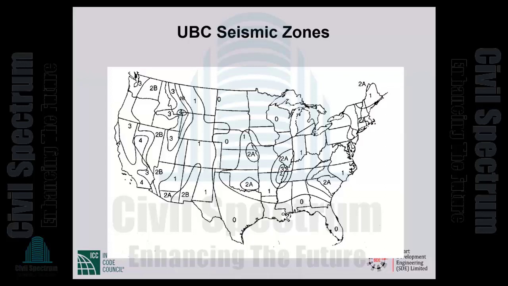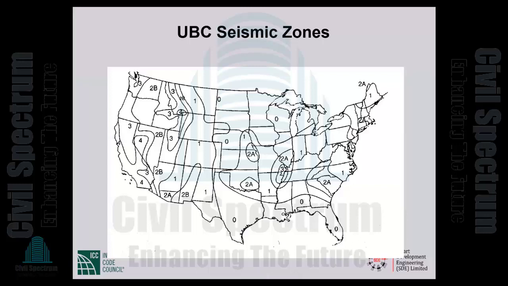In AC 705, where there are no seismic zones, what drives all those decisions? What tells us the level of detailing that we have to do? The answer is seismic design category. Very, very important term. It combines 3 things.